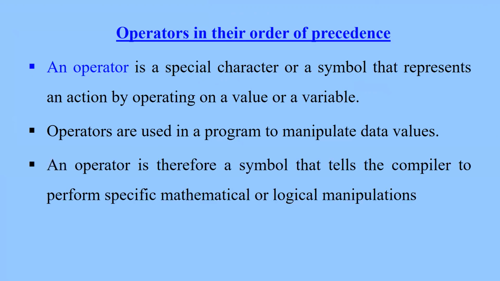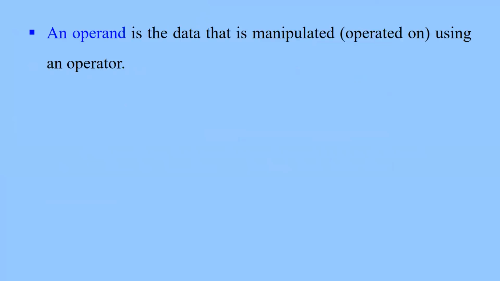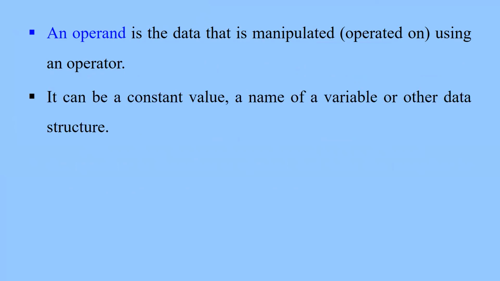An operator is therefore a symbol that tells the compiler to perform specific mathematical or logical manipulations. An operand, on the other hand, is the data that is manipulated or operated on using an operator. It can be a constant value, a name of a variable, or other data structure.